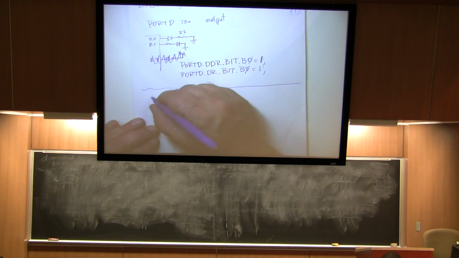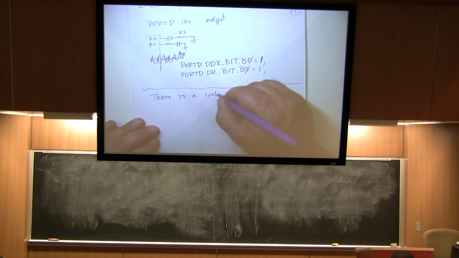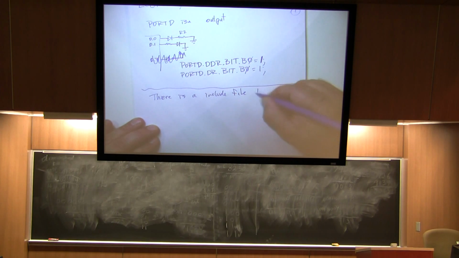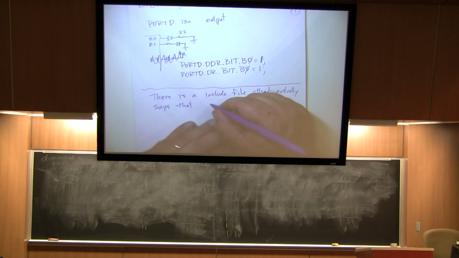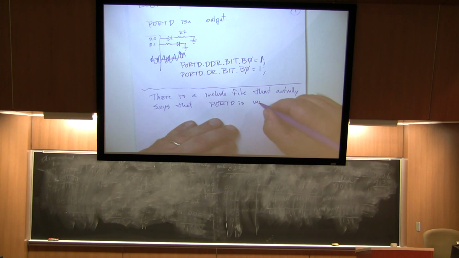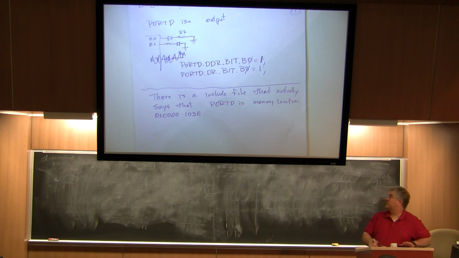Behind the scenes, there is an include file that actually says that port D is memory location 0 hex 0000 103E, I believe. I'll have to check on this again, but I believe this is correct.